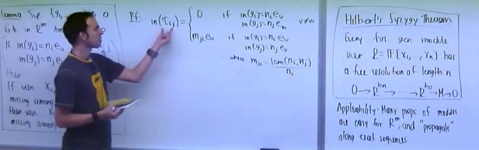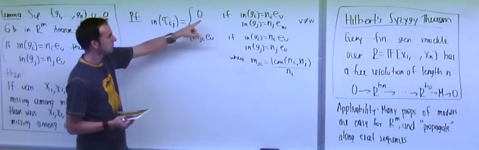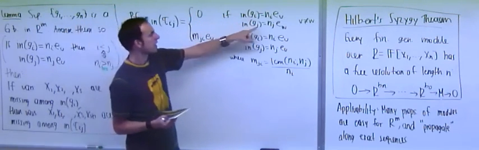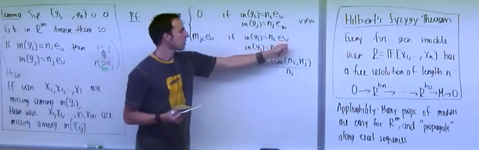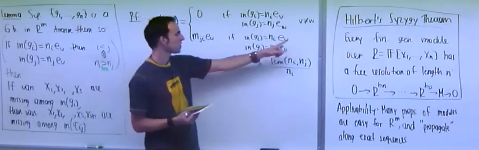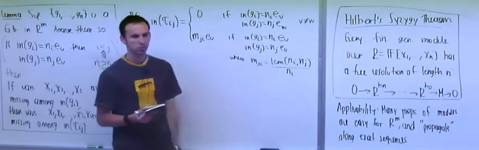This is the initial term of a simple syzygy ij. It's 0 if gi and gj involve different e's in the initial term, and if they involve the same e_u, then the initial term is just m_ji e_u. That's the formula.